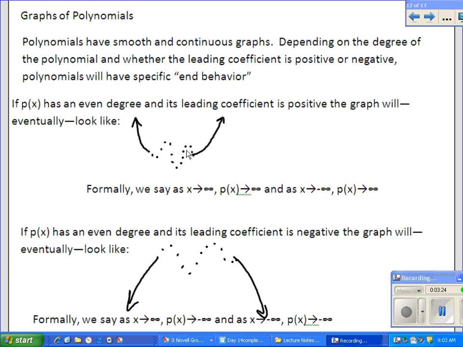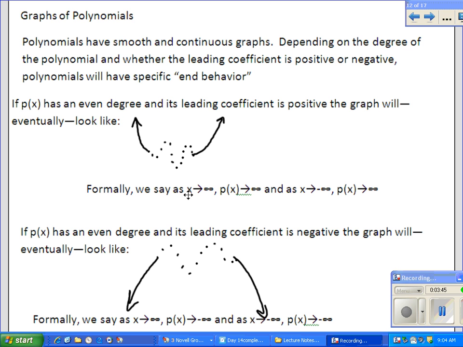It might bounce around a little in between, but a nice quadratic equation has an even degree, and if its leading coefficient is positive, it'll look like this. Anything with degree 4, degree 6, degree 12 is going to look something like this, but eventually as we go off to the right and to the left, the function will be increasing.